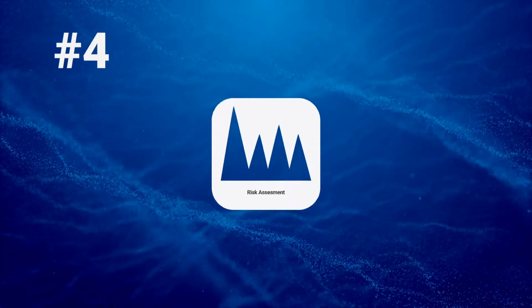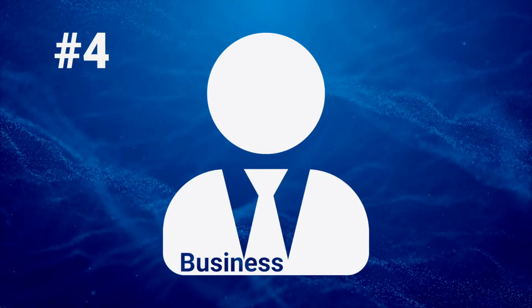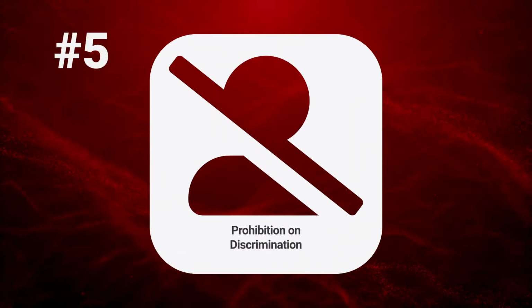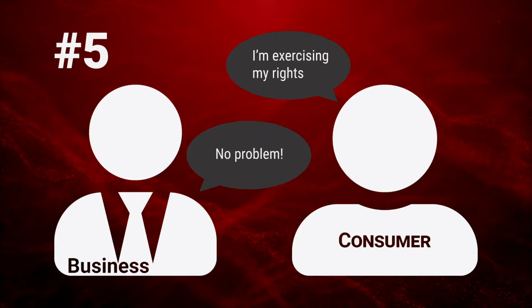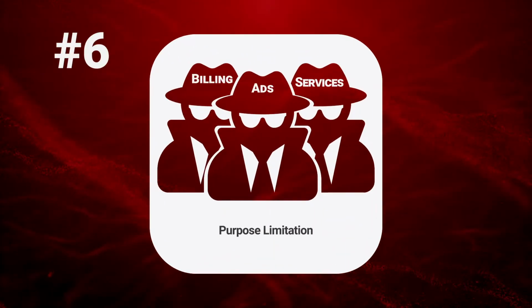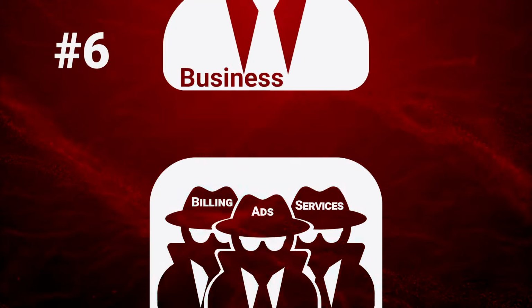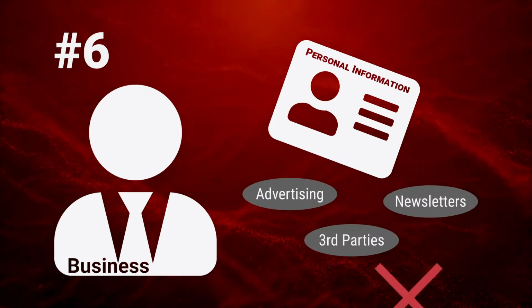The fourth is risk assessment, which requires businesses conduct formal assessments of privacy and security projects and processes. The fifth is a prohibition on discrimination. This prevents a business from discriminating against a consumer for exercising a right. The sixth is purpose limitation. This restricts a business in collecting personal information to a specific purpose.